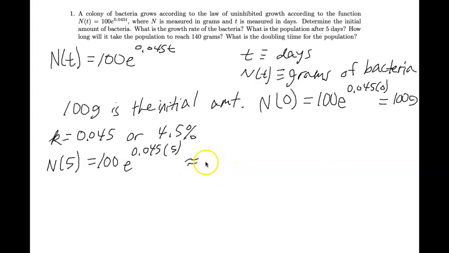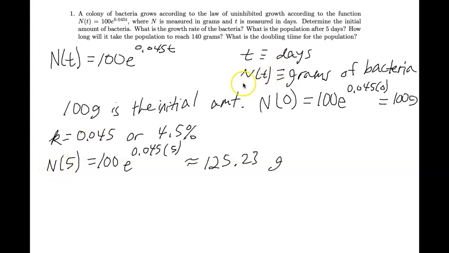I end up coming out with 125.23 grams. In this instance, I don't specify how to round. Make sure that in your homework and on quizzes or exams that you see how many decimal places to round to. If not, just use a reasonable decimal place to round to, and make sure you're rounding correctly.